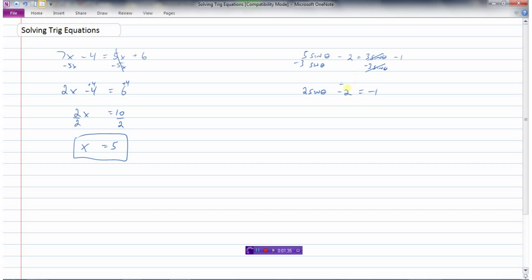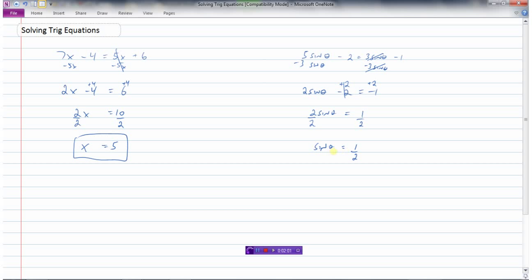And now we can add 2 to both sides to get rid of the constant terms. And negative 1 plus 2 is positive 1. And finally, just like here, we'll divide by 2, the coefficient of sine theta. And we get sine theta equals 1/2.